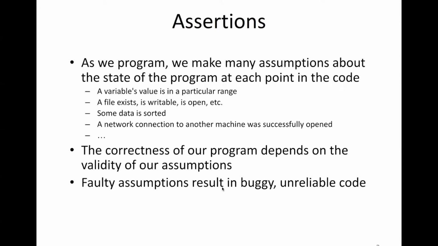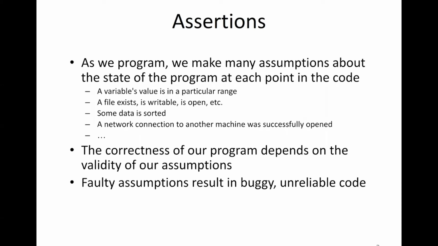So first of all, as we program, we make a lot of assumptions about the state of the program or the code as we go. We don't always think a lot about those, but we do it all the time. So for example, as you're programming something, you'll often think to yourself, at this point, this variable can never be null, so I don't need to check for it.